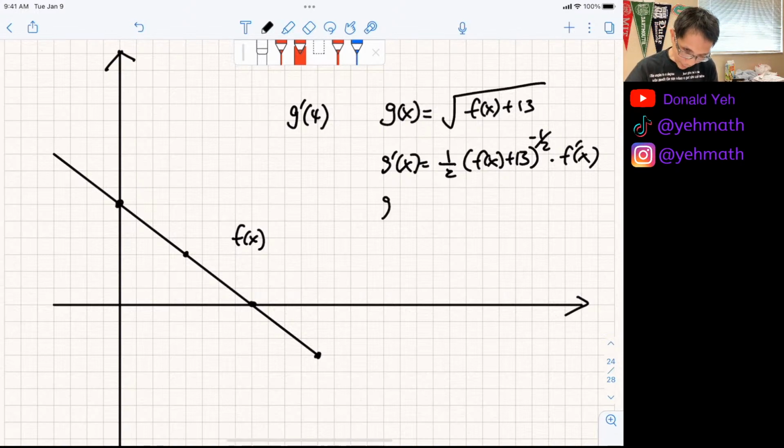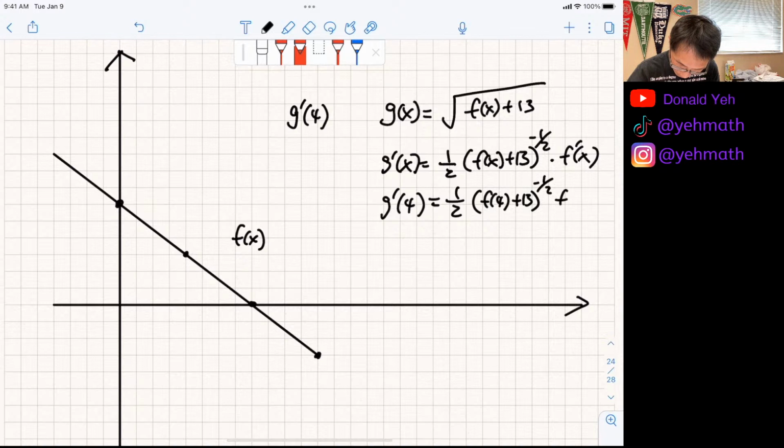So let's just say if I take g prime of 4 here, it's 1/2 times f of 4 plus 13 to the negative 1/2 times f prime of 4. What's f of 4? 3. So it'll be 1/2 times 3 plus 13 to the negative 1/2 times f prime of 4.